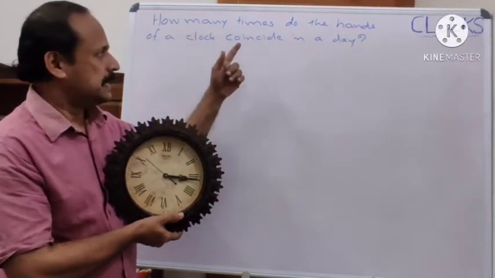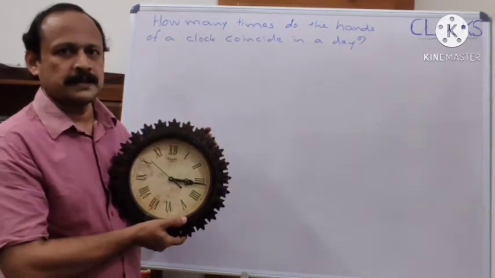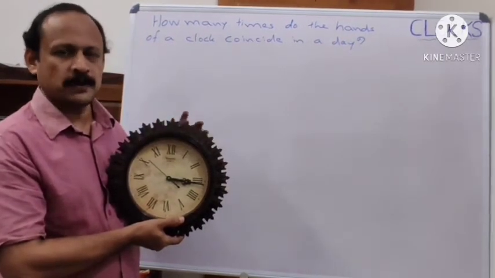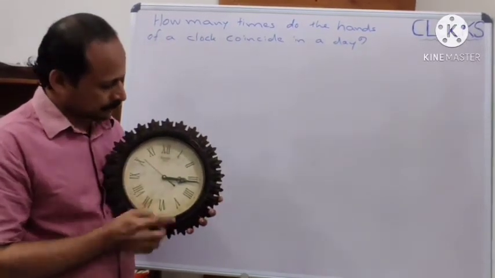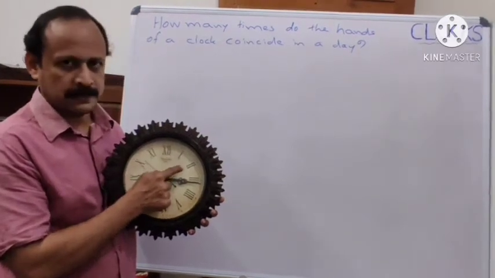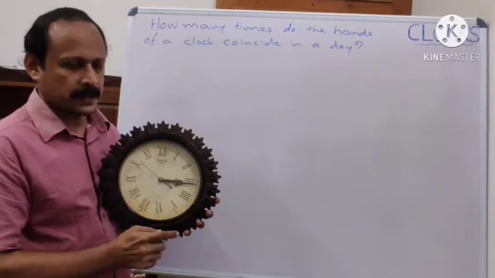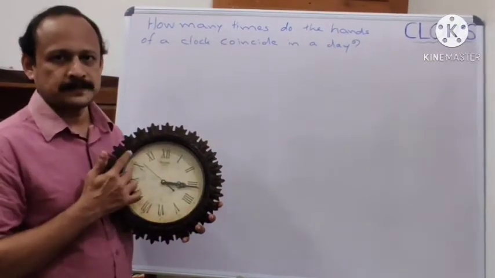Here the question is in a day. First we consider half day, that is 12 hours, from 12 o'clock to 12 o'clock. At 12 o'clock we have a case, after 1 o'clock, second case, after 2 o'clock, third case, after 3 o'clock we have fourth case. Go like that.